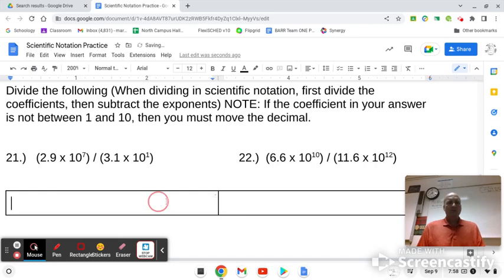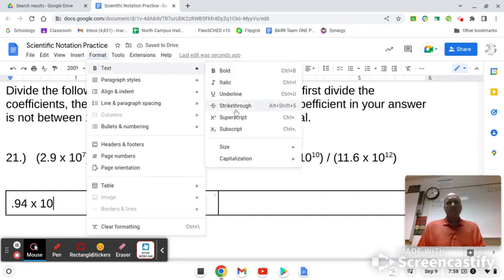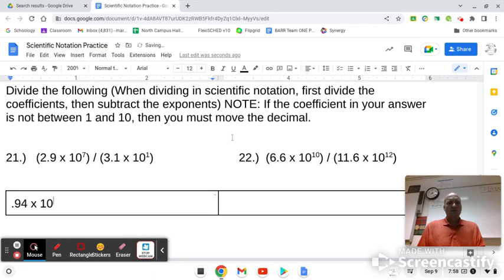All right, so number 21, I'll try this one. 2.9 divided by 3.1. So I divided those numbers in front. My calculator gave me 0.94 times 10 to the, 7 minus 1. That's 7 minus 1 is 6.